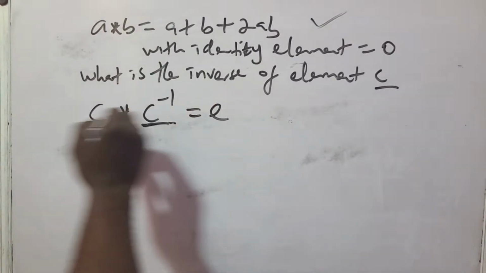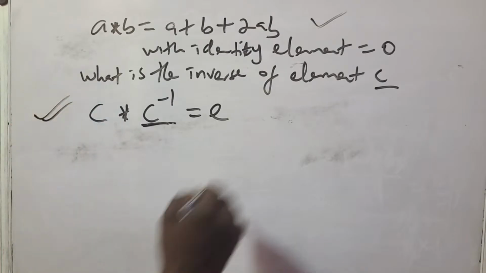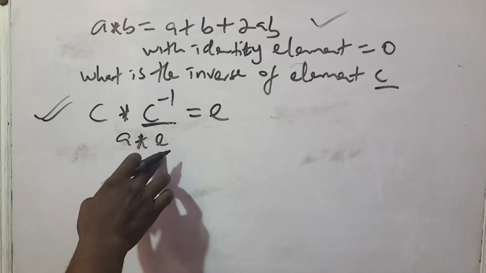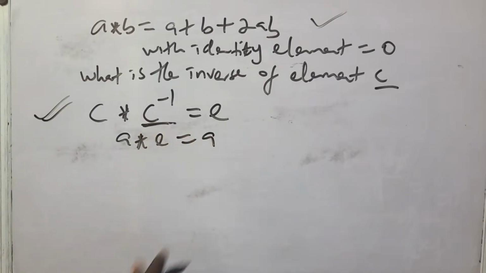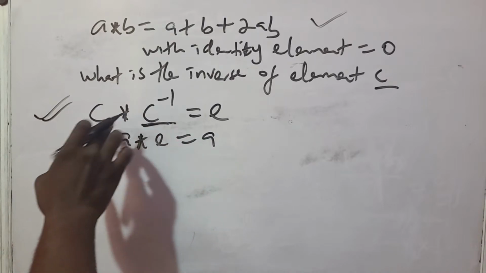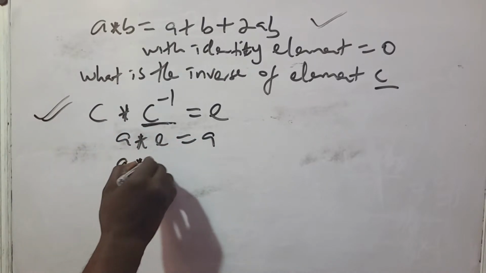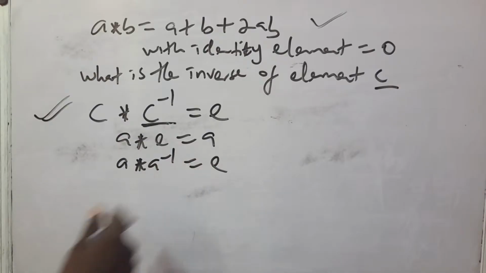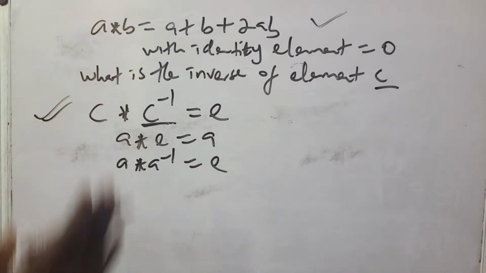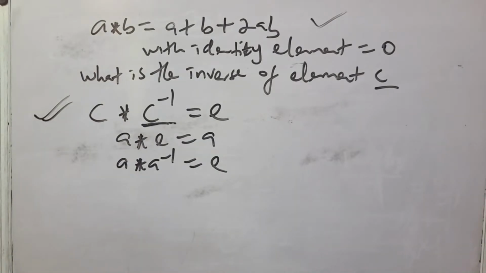This one is something you have to note. Just the same way you know that A star E, an element star the identity element, equals the element, the same way you should know that C star C inverse, or A star A inverse, will be equals to E.